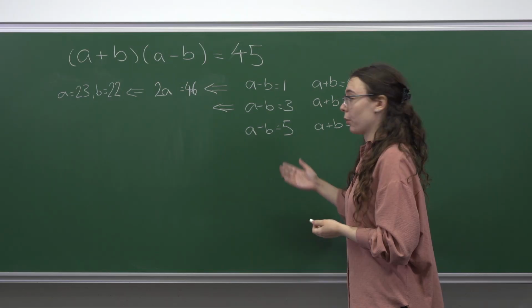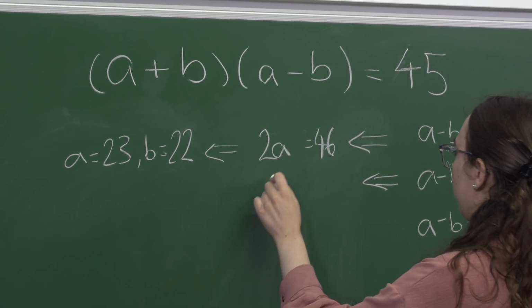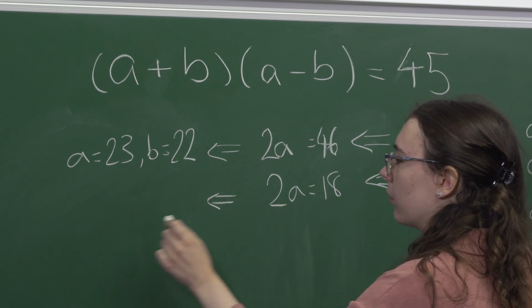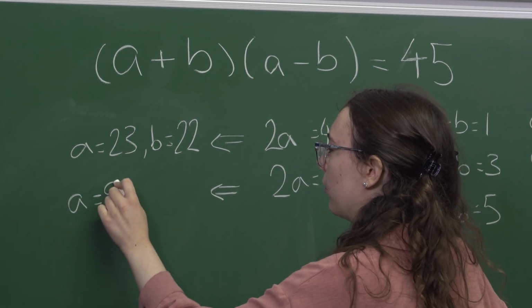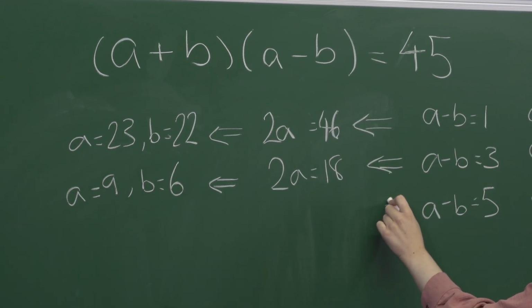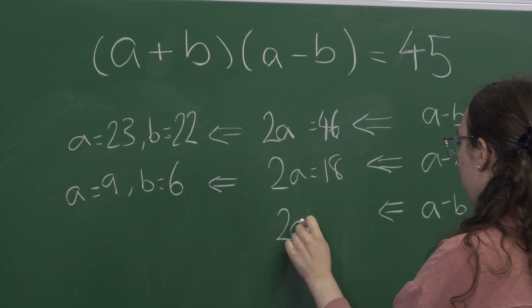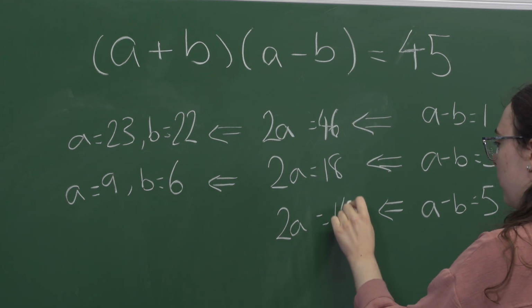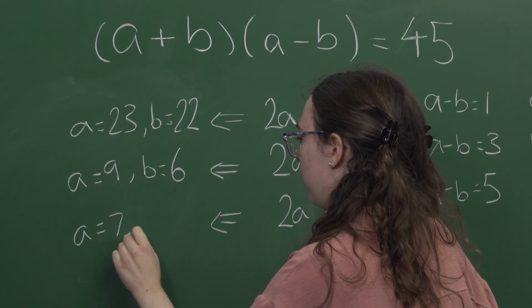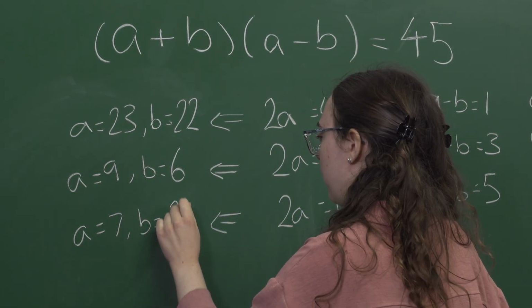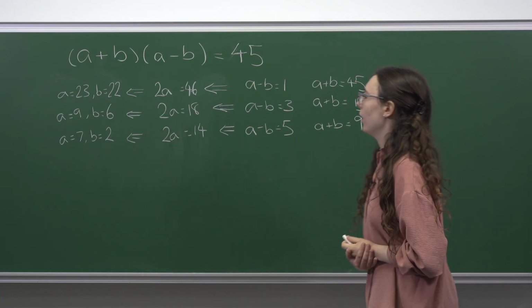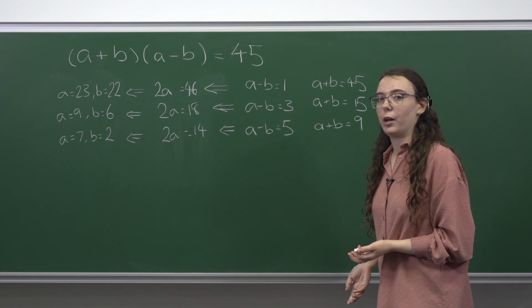We can similarly solve both other pairs of equations. So these do give us integers, and then we're asked to find all possible values of a.